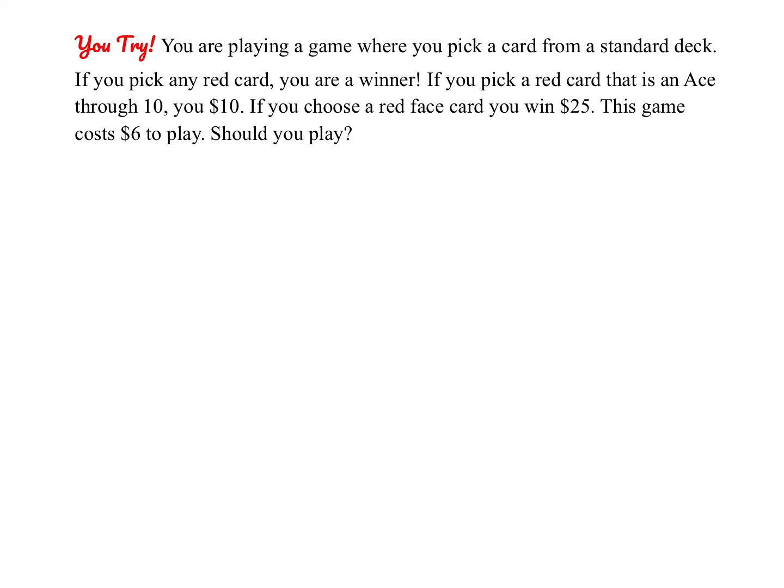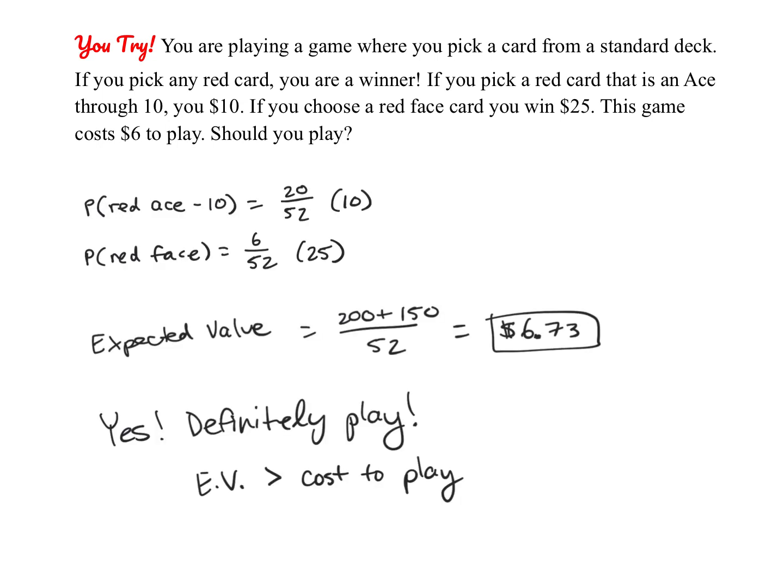All right, so again, I have one for you to try on your own. So please pause the video and hit play when you're ready to check. All right, go ahead and check your work here. So the probability that you pick a red card that is an ace through 10, so ace and then 2 through 10, is 20 out of 52, and you win $10 for any of those events.